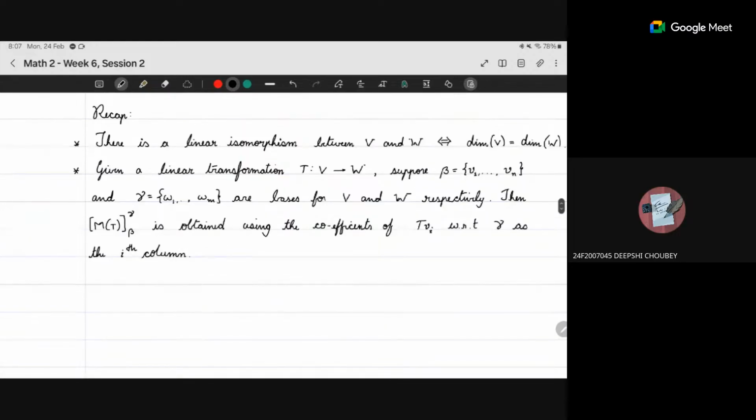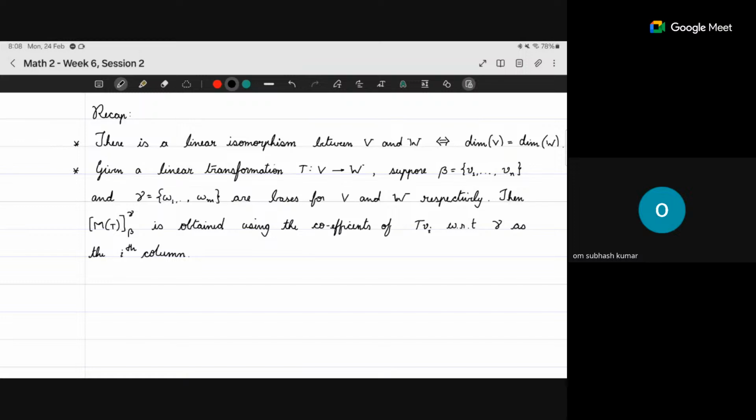So is this clear? Are these two points clear, or should I say a bit more about the second point? Sir, second point, can you explain? Yeah. Okay. So if I have a linear transformation and two bases, you have a domain and a codomain, which is V and W. They have bases, right?